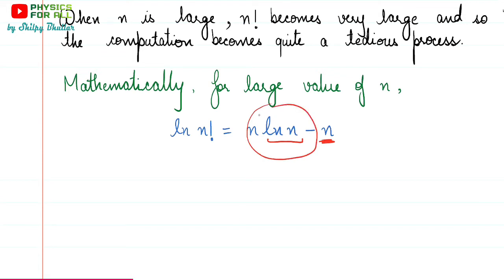Afterwards, obviously you have to remove this natural log. How would you do that? You will simply take the antilog and then you would get the value of n factorial.